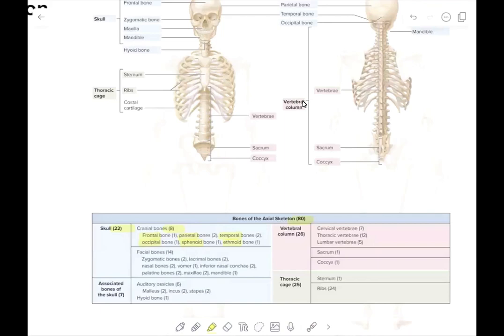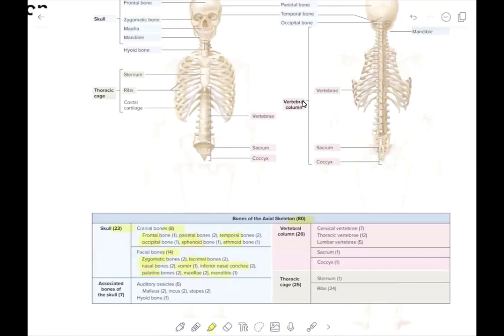The rest of those 22 bones are the facial bones, which are 2 zygomatic bones, 2 lacrimal bones, 2 nasal bones, 1 vomer, 2 inferior nasal conchae, 2 palatine bones, which makes the roof of the mouth, 2 maxilla bones, which are just superior to the mouth, and 1 mandible inferior to the mouth.